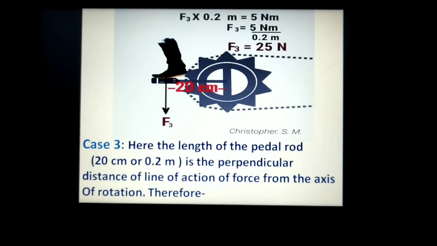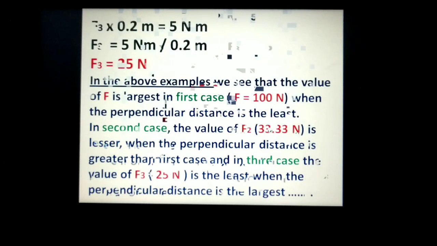So in this case moment of force F3 into 0.2 meter is again equal to 5 Newton meter as given in the question. So we calculate F3 as 5 Newton meter divided by 0.2 meter. So F3 is equal to 25 Newton.